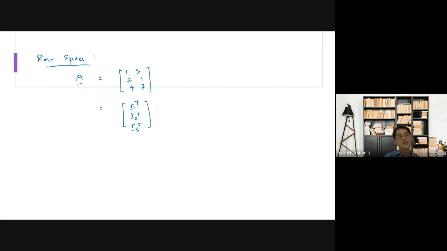This is the formal way of writing, where R1 is equal to (1, 3), R2 is equal to (2, 1), and R3 is equal to (4, 7). So don't get confused when you see a definition like this. It's just to conform to our definition of vectors.